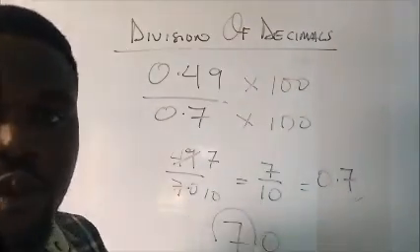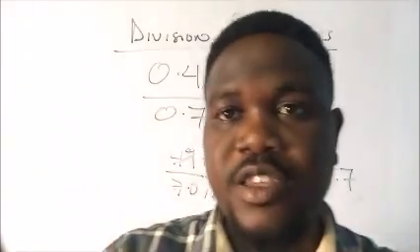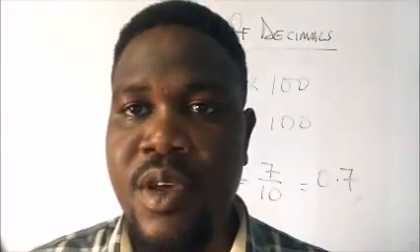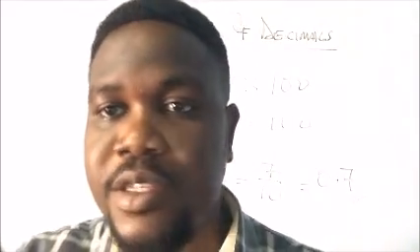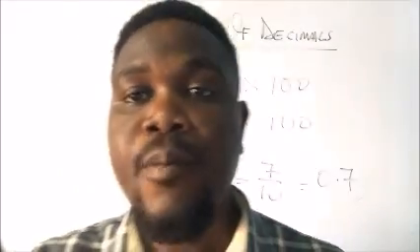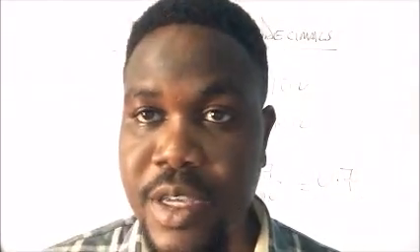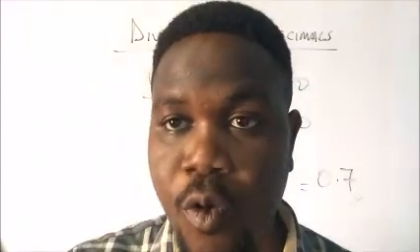So to wrap it up, when they give you a decimal fraction to divide, the first thing to do is to convert it to a whole number. How do you convert it to a whole number? By multiplying it by the various powers of 10. If the highest number of decimal places is 4, you multiply by 10,000.